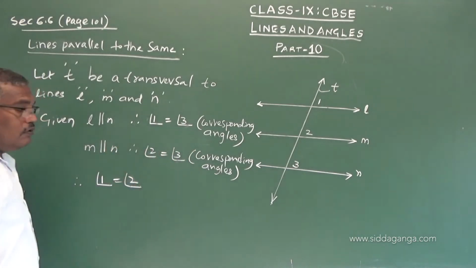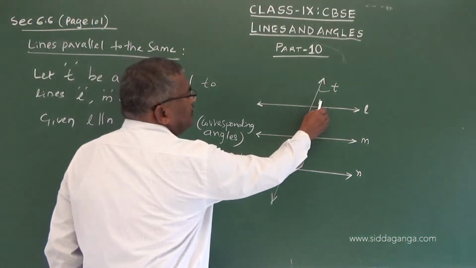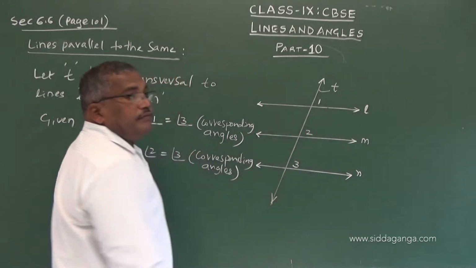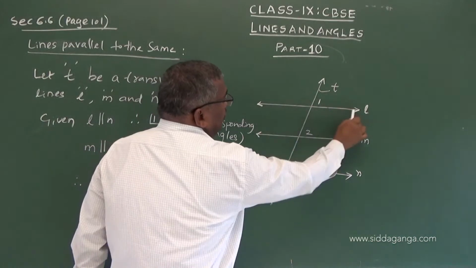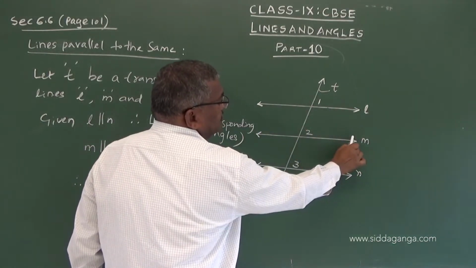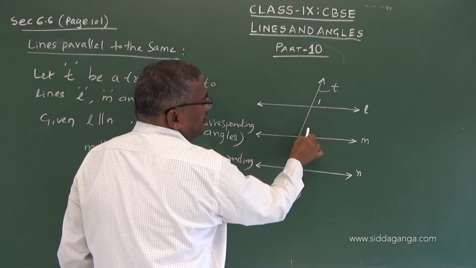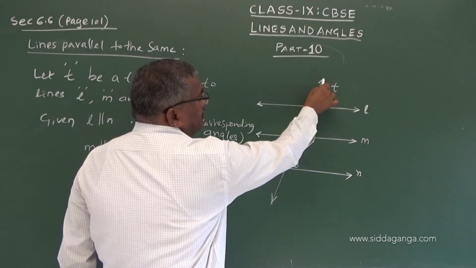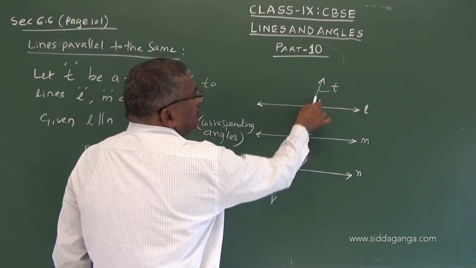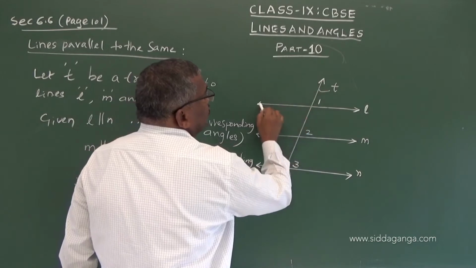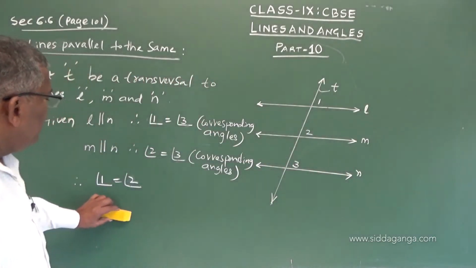Angle 1 is equal to angle 2. If you observe, these two are equal, and L and M are two lines with two equal angles. They are corresponding angles, and this is the transversal. So when these two angles are equal, the lines will be parallel, based on the corresponding angle theorem.